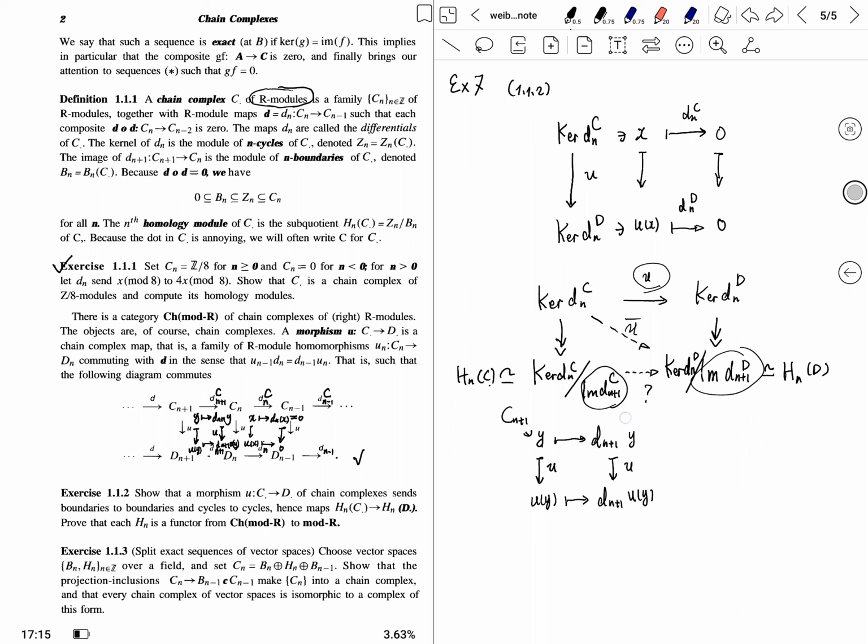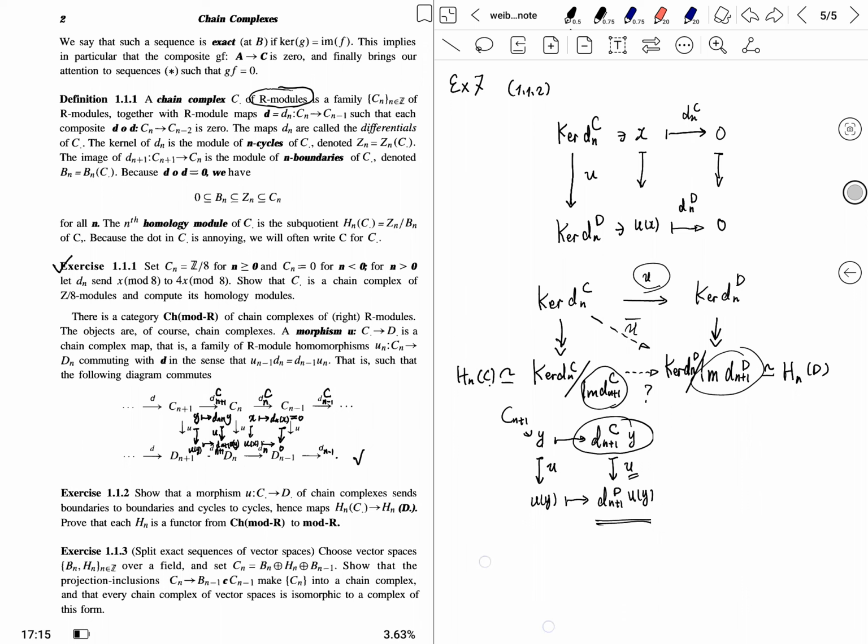And so this implies the image of Dn plus 1 of C under the map u maps into the image of Dn plus 1 of D, because, for example, the image of this one is Dn plus 1 of some element.